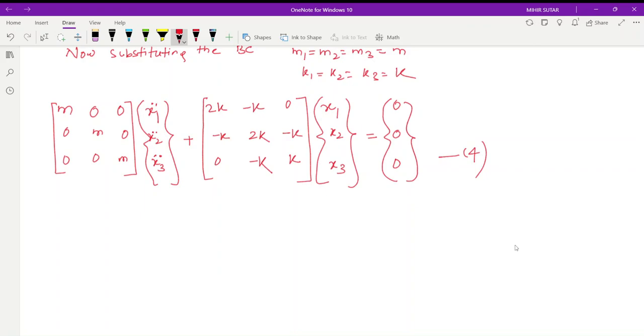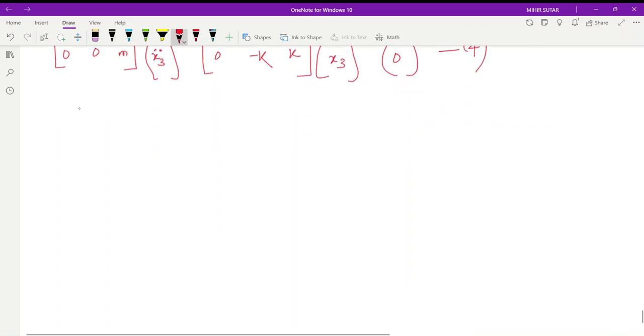So we can write that the dynamic matrix C, as we know, is equal to the inverse of the mass matrix multiplied by the stiffness matrix.